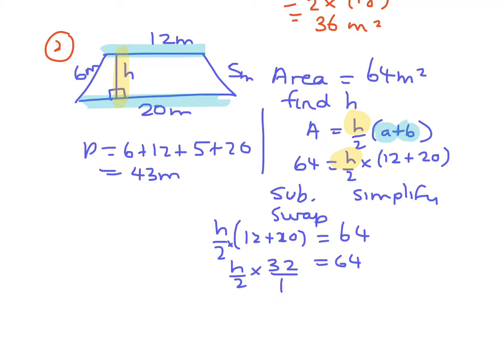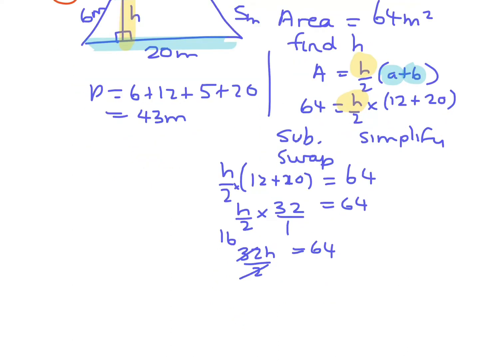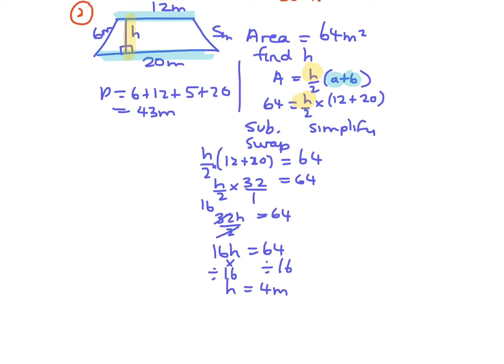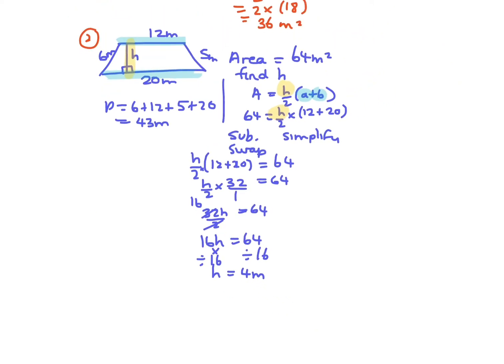A half of 32 is 16, that's 32h on 2. 2 goes into 32 16 times, so 16h equals 64. Divide by 16, divide by 16. So h will actually equal 4 meters in order to get that area.